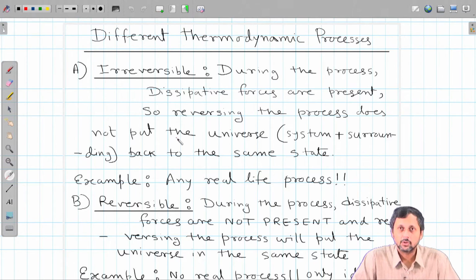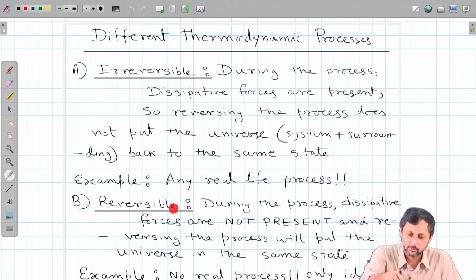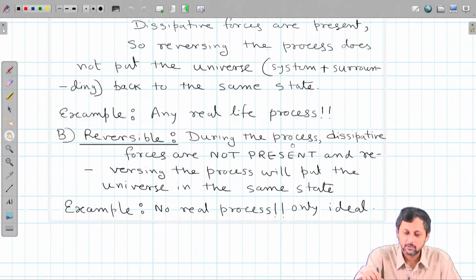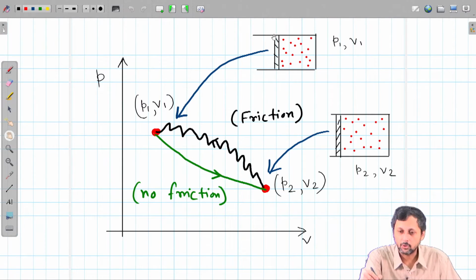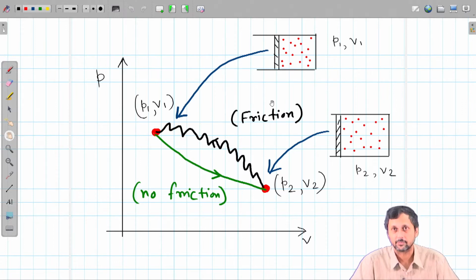So far we have discussed processes which are idealized. Although I have first written irreversible, we will start with the definition of reversible. So what do we mean by an idealized process? An idealized process is a process where there are no dissipative forces present. For example, we have always ignored the friction between the inner wall of the cylinder and the piston.